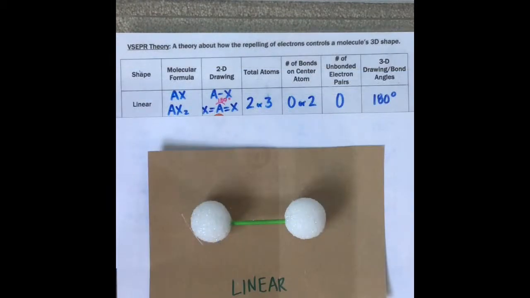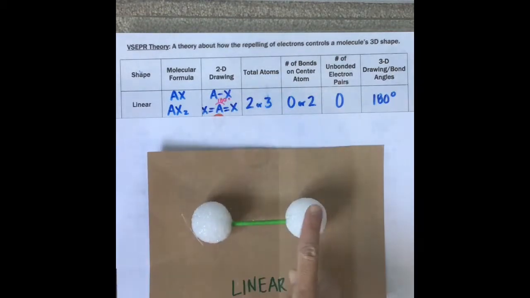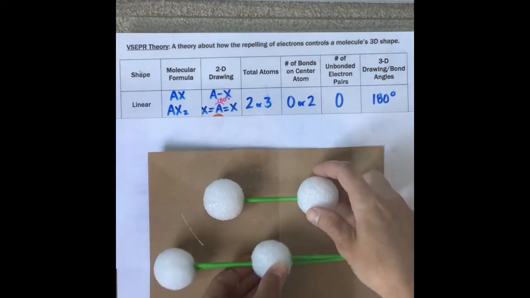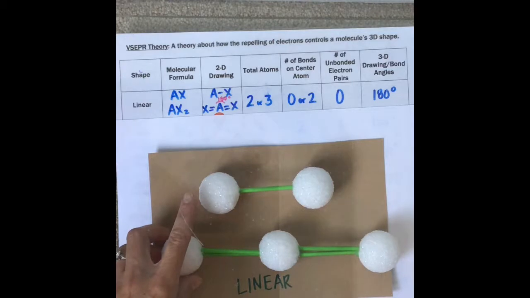Okay, the first 3D shape is called linear, and that should be easy to remember. Linear, think line. And a linear molecule will either have 2 total atoms, or it could have 3 total atoms. Okay, so those are the 2 possibilities.